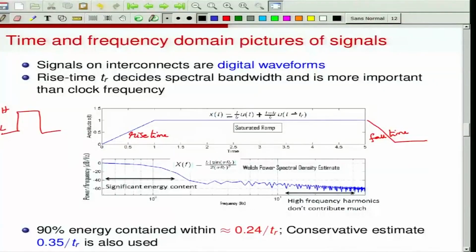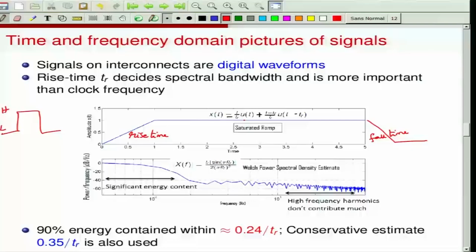You can think of this as two unit step functions with appropriate amplitudes used so as to scale correctly. This consists of one unit step which starts at t equal to 0 and another unit step which starts at t equal to tr, together giving you this saturated ramp waveform, which we have drawn here in the upper panel as a function of time.